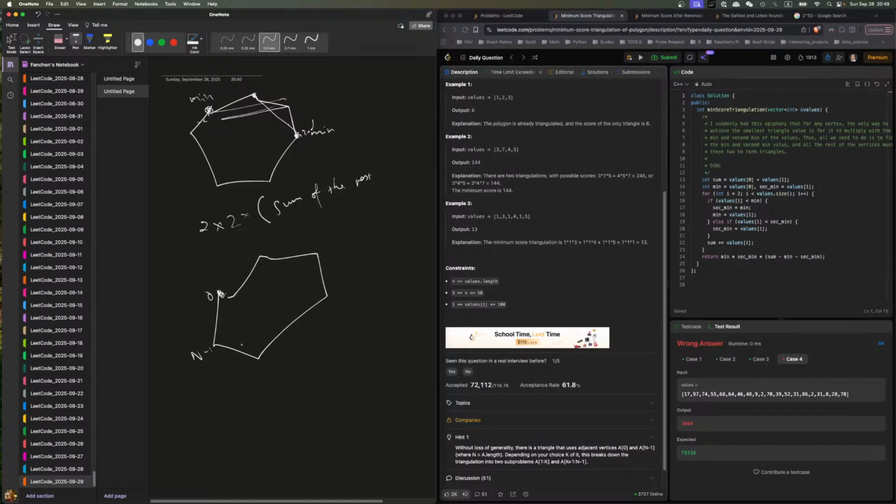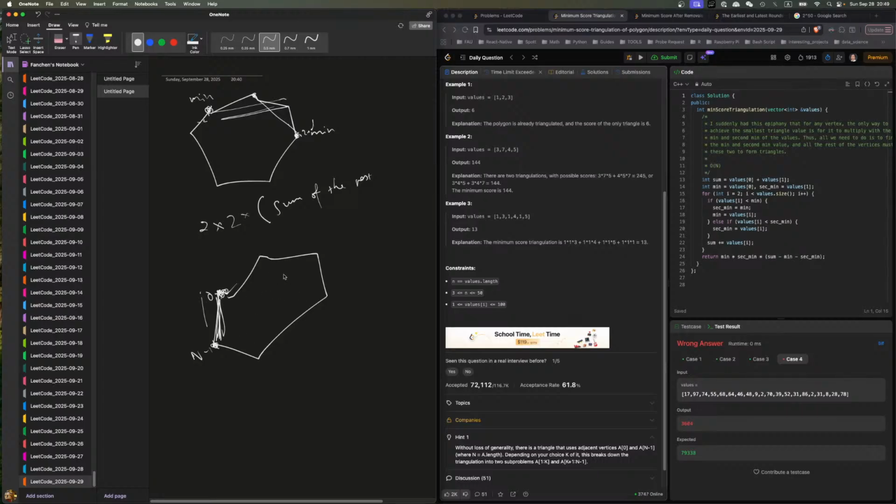It's saying there must be a triangle using these two as the base. Is that true? Yeah, it must be, because this edge must be in a triangle, so there must be a third vertex. We just don't know which one it should be. It can be here, it can be here.